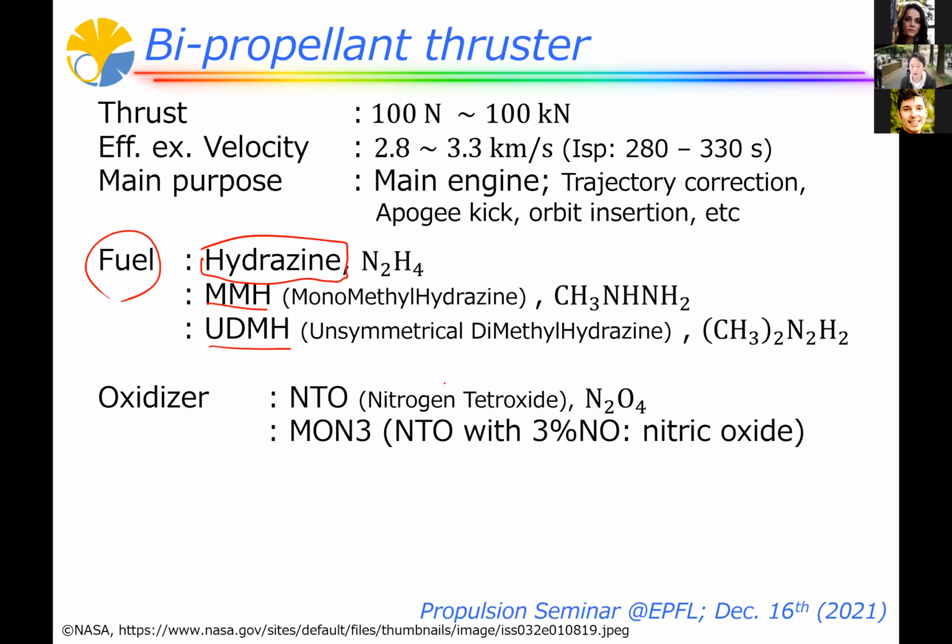But all are hydrazine-based fuels. As to oxidizer, NTO, nitrogen tetroxide, is commonly used. And MON is basically the same as NTO, but with a slight amount of additive of nitric oxide. So these are typical oxidizers and fuels.